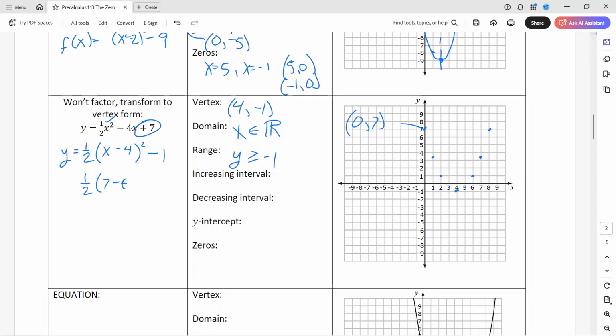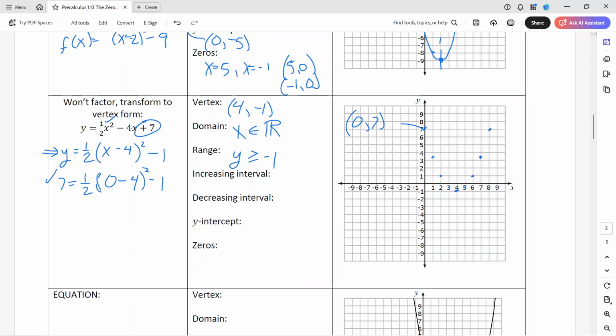The coordinates of that point were (0, 7), so I'm inputting a 0, and I hope that the output is going to come out as 7. So let's see if it is. 0 take away 4 is -4, squared is 16, half of 16 is 8, 8 take away 1 is 7. That's a proof that my algebraic transformations were correct to get it into that graphing form.